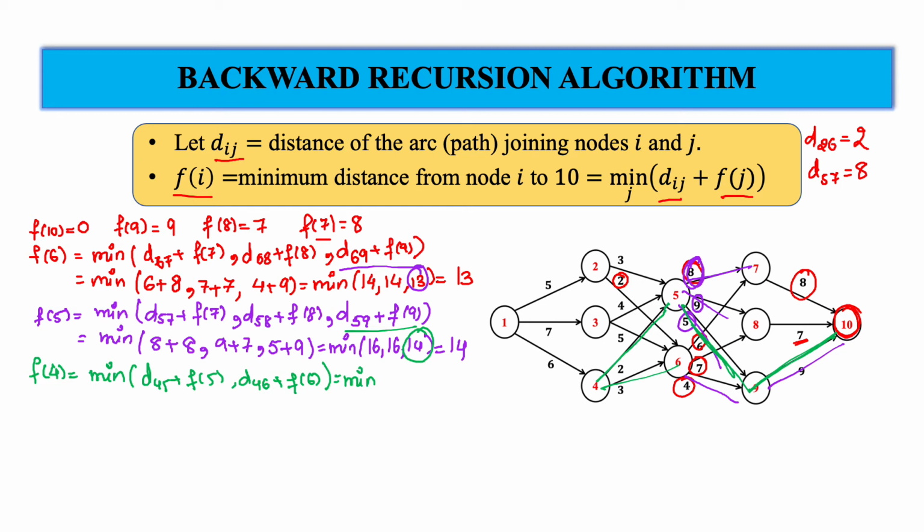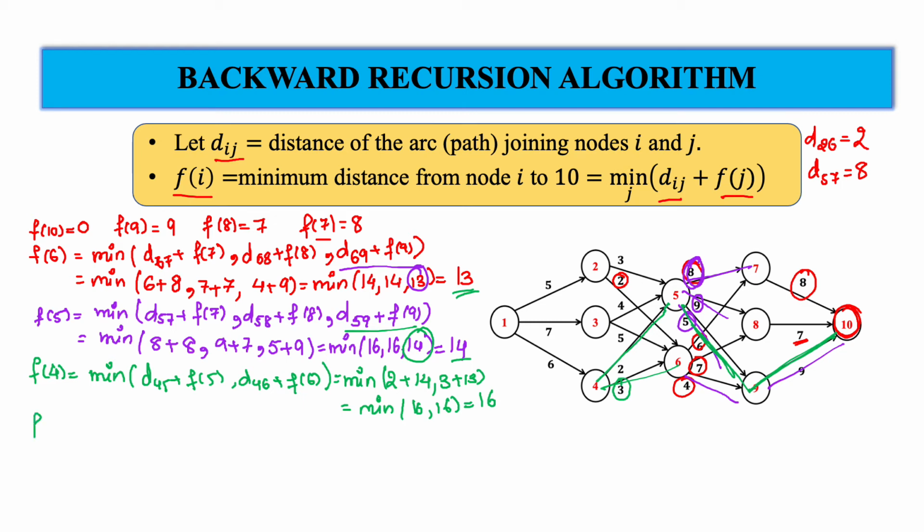You have to find out minimum of 4 to 5 is what? 2, and D5 is what? 14. Similarly 4 to 6 is 3, and minimum value is 13. So you have to find out minimum of 16 and 16. So its minimum is 16 unit. So you can use any path. Both are of same values. Either you go from 4 to 5, 5 to 9, 9 to 10, or you go from 4 to 6, 6 to 9, 9 to 10.